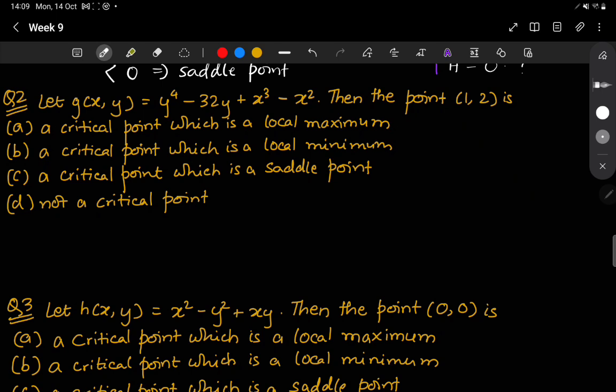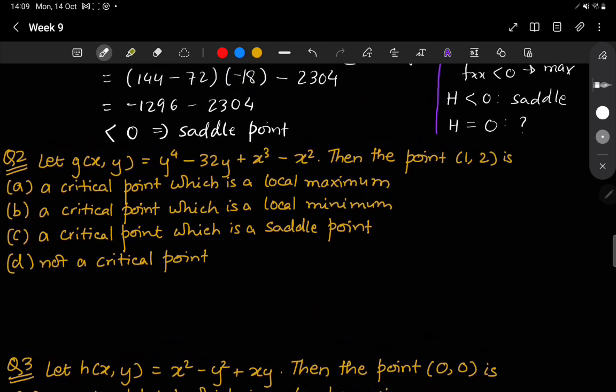Okay, let us now discuss the solution. So this is a question similar to the previous one, and once again we need to evaluate the first and second derivatives and the Hessian. So first, let us look at the first derivative.